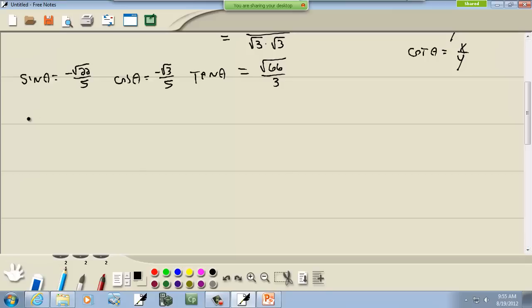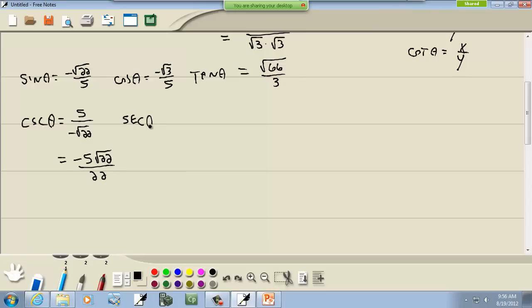Well, cosecant is sine flipped, the reciprocal of it. So this becomes 5 over negative square root of 22. Can't have a square root downstairs, so I'll multiply top and bottom by the square root of 22. I'll put the negative up on top. So I got negative 5 square root of 22 over 22.